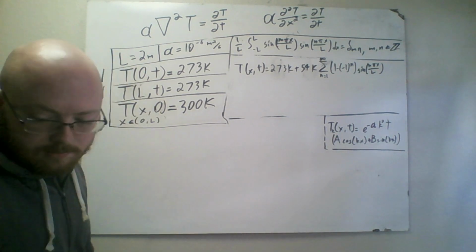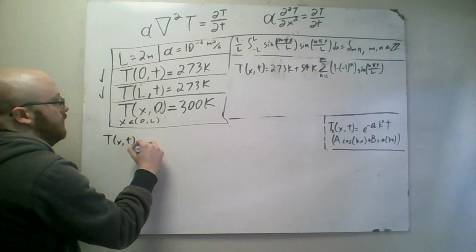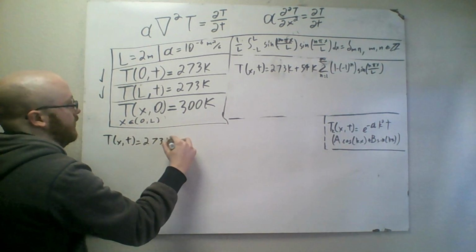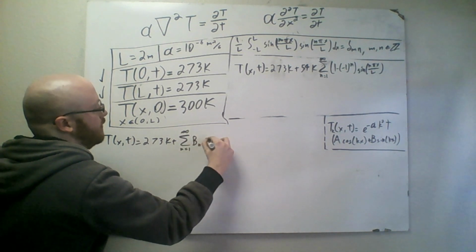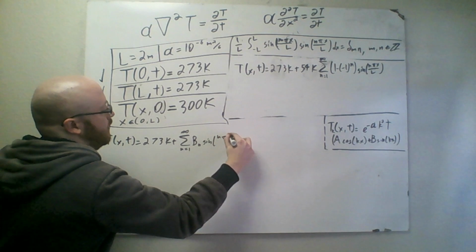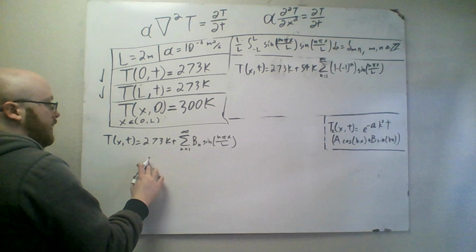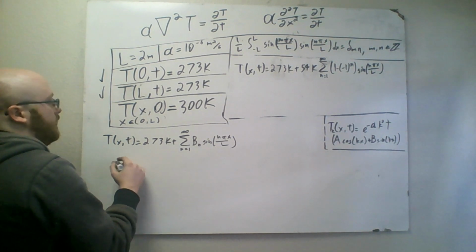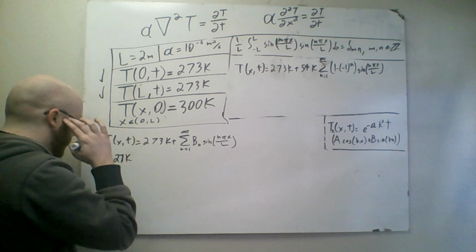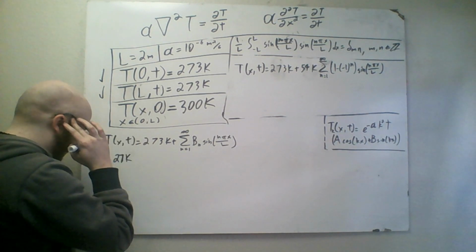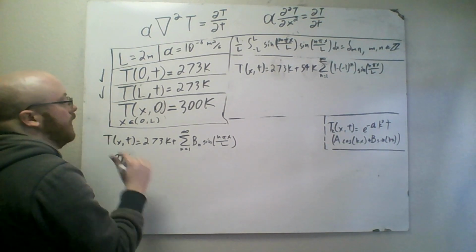But another form of solution: T(x, t) equals 273 plus the infinite sum, n equals 1, of d_n sine n pi x over L. We take the integral of both sides with respect to sine and t. Okay, yeah, I think I forgot L over n pi when doing the integral. That would explain it.